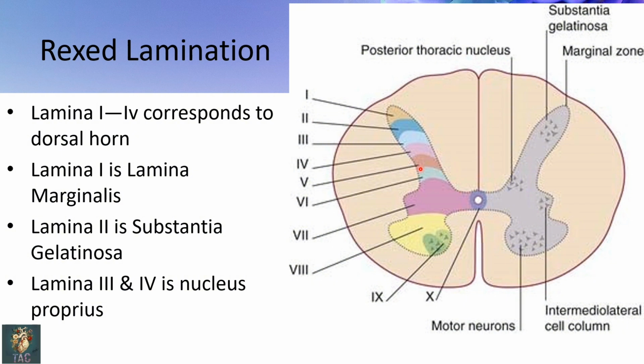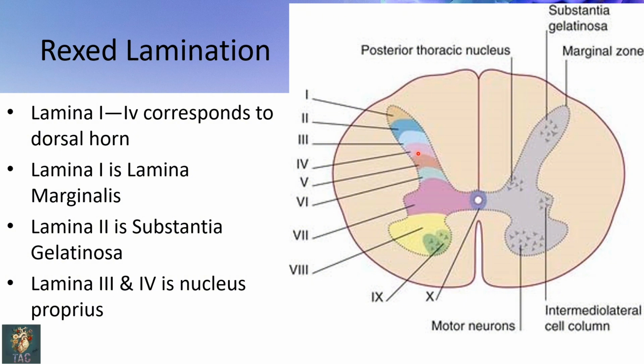So please remember, dear students, lamina 1 is the lamina marginalis, lamina 2 is also called the substantia gelatinosa, laminae 3 and 4 have the nucleus proprius, and these 4 laminae correspond to the dorsal horn of the spinal cord, and are sensory in nature.